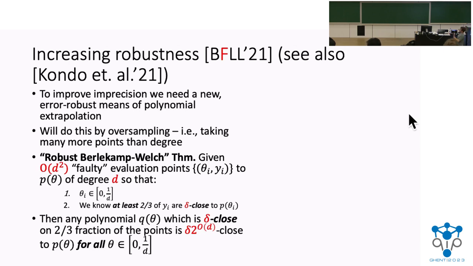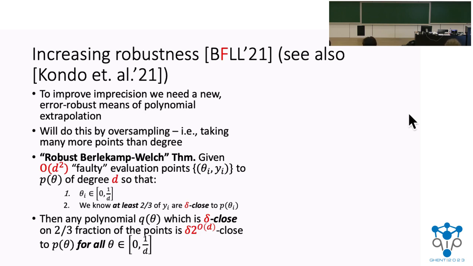So we show that, suppose someone else gives you another polynomial, which we call q of theta. The only thing they tell you about that polynomial is that it is also delta close on a potentially different 2/3 of these points. Okay, it doesn't have to be the same 2/3. It's just that within this narrow subinterval of the unit interval, this polynomial delta approximates some 2/3 of them.